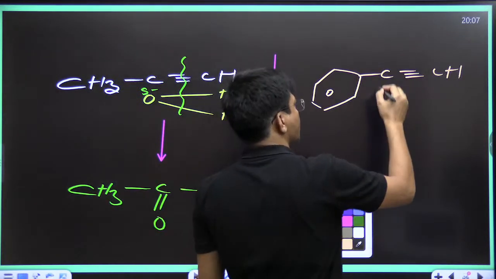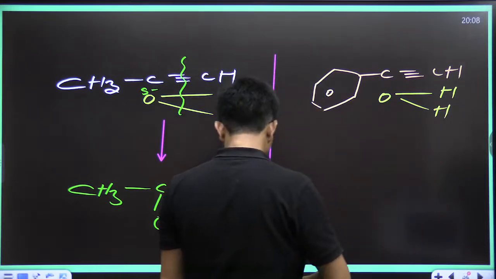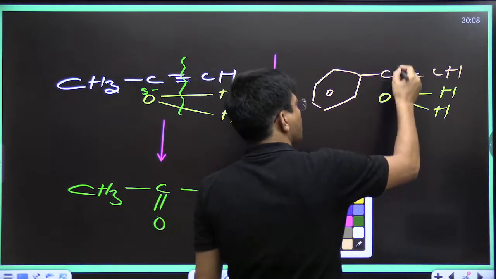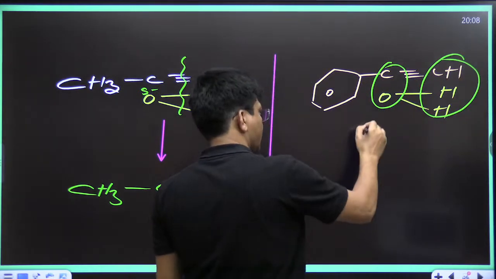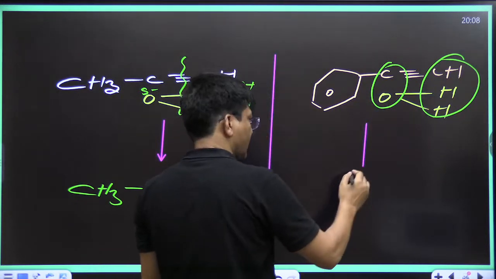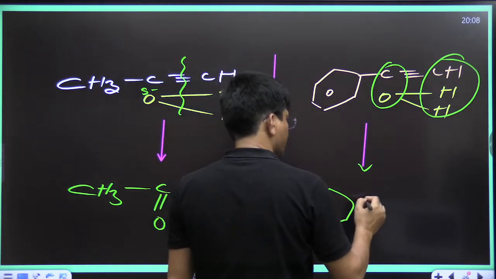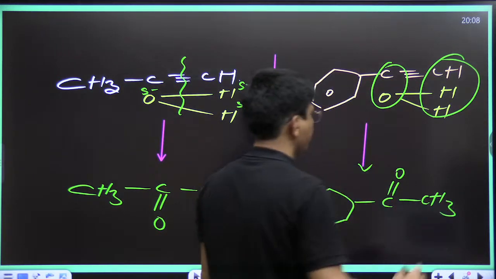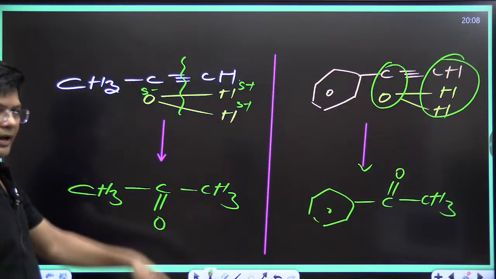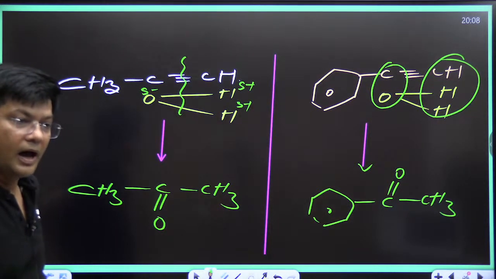See, Markovnikov's rule, OH, H. Give oxygen to this, give hydrogens to this, and you will get a product like this. My dear students, is everyone able to understand? Do let me know. You will get acetophenone. Is it clear to all of you? Is it helping?